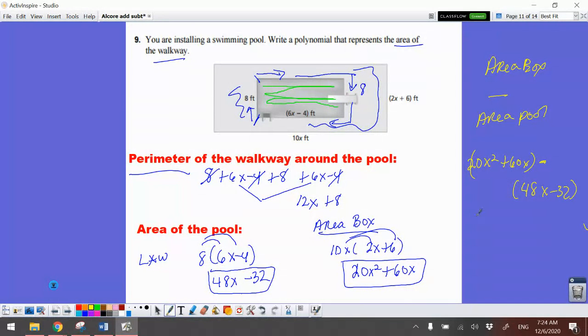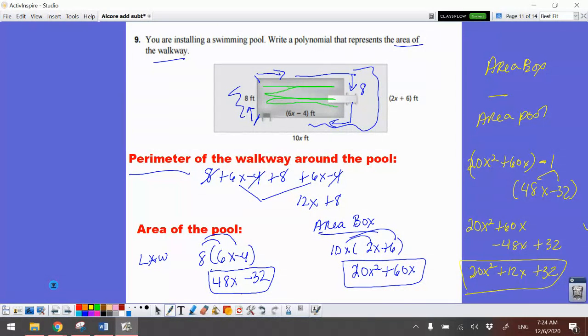So if I distribute that, that gives me 20x squared plus 60x minus the 48x plus the 32. So I distributed the negative 1 here and here. So 20x squared, 60 minus 48 is 12, and I have the 32. So here is the area of the walkway.